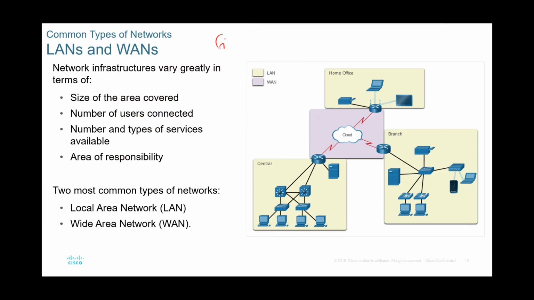Take for instance, GT Bank. Some of these banks have like 250 branches. Each of the branches may be in different cities. Each of those branches is a local area network. When you go to a branch of a bank, it's a local area network.